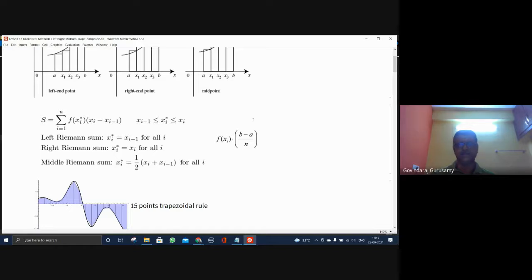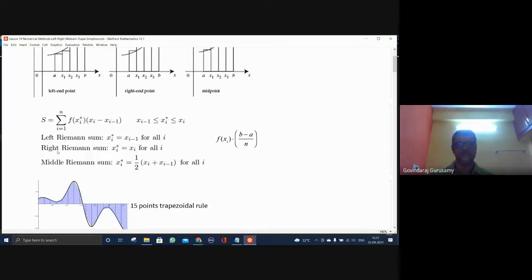The number of points that are possible will be decided by the number n for the bound region A to B, so B minus A divided by n. This is the whole thing which has been described with all possible numerical methods.